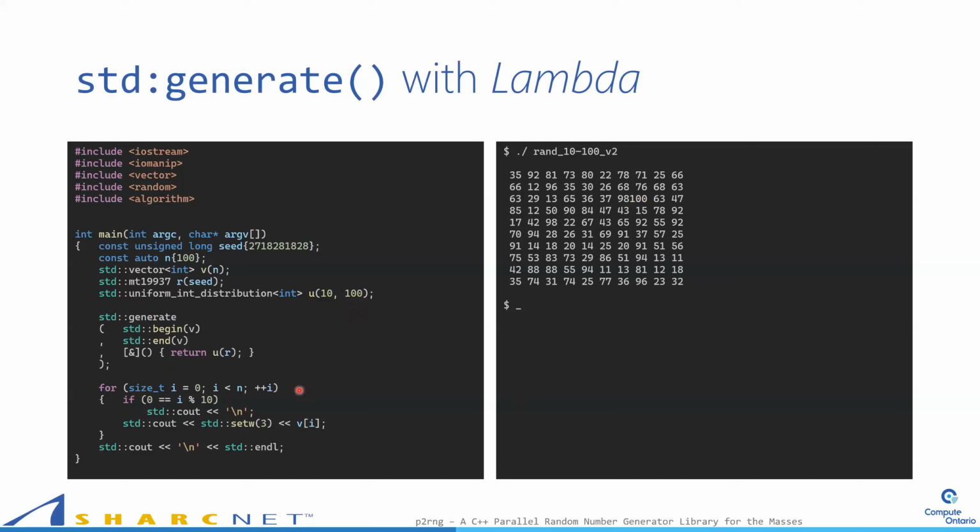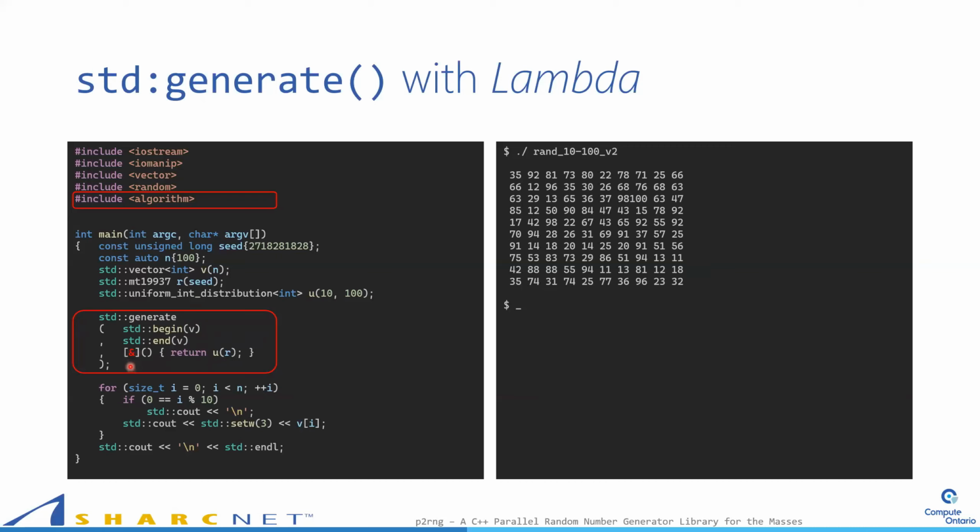Here's our second version with STL's generate algorithm and also a lambda. Let's highlight the changes. The only thing that you need is to add the algorithm header here and then call the generate algorithm, which starts with iterators for the begin and end of the vector. And we use a lambda, and that's especially important here.